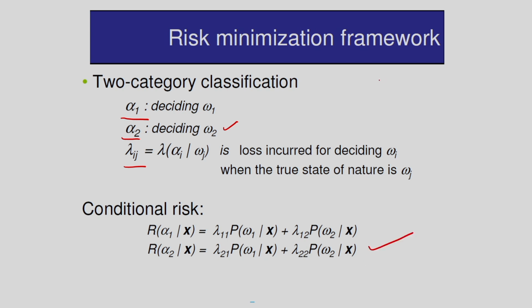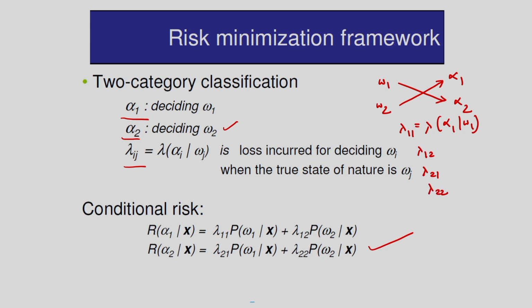Pictorially, suppose W1, W2 are the classes, and I am considering the actions alpha 1, alpha 2 like this. So what is lambda 11? Lambda 11 is nothing but lambda of alpha 1, the action I am taking corresponding to the class W1, and similarly I can consider lambda 12, lambda 21, and lambda 22.